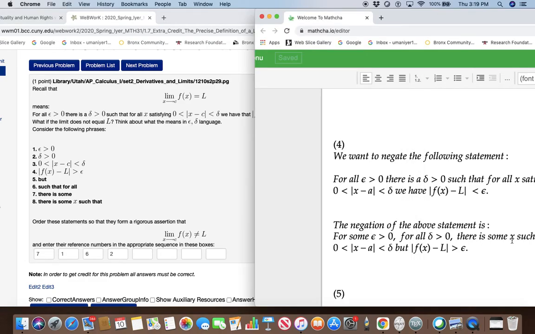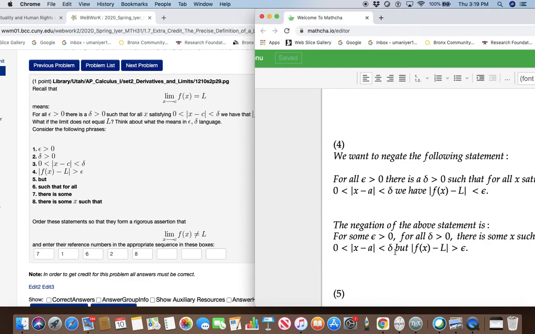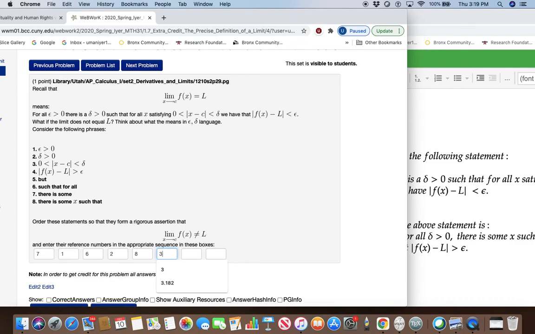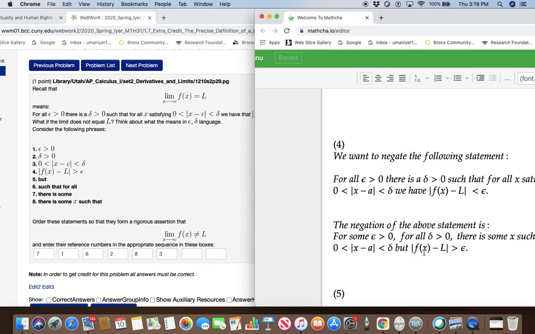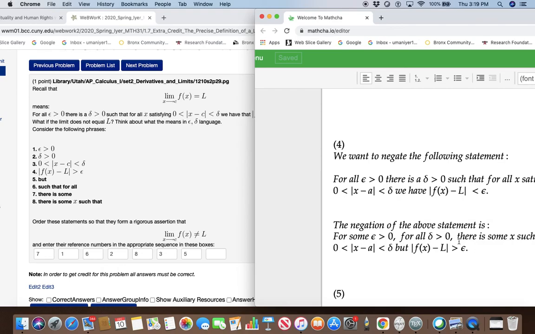There is some x such that, so that's an 8, such that this condition is satisfied, 3, but that condition is not, that conclusion is not satisfied. So but is 5. You have the absolute value to be greater than or equal to epsilon, 4.